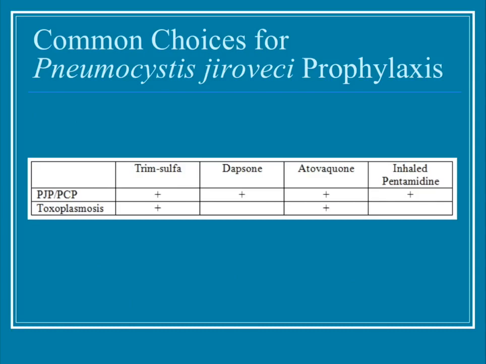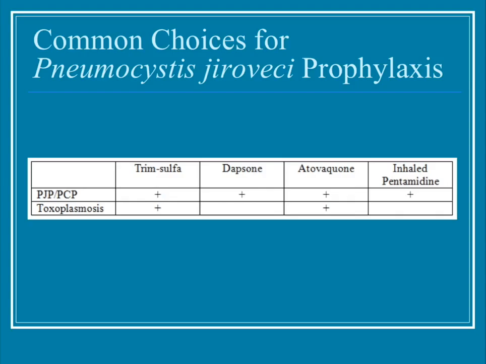Pneumocystis prophylaxis is also something we have to think about for every patient that goes through an allo transplant. Bactrim covers not just pneumocystis but toxo, dapsone only Pneumocystis, atovaquone both, and inhaled pentamidine only Pneumocystis. There are a couple of caveats with this slide.